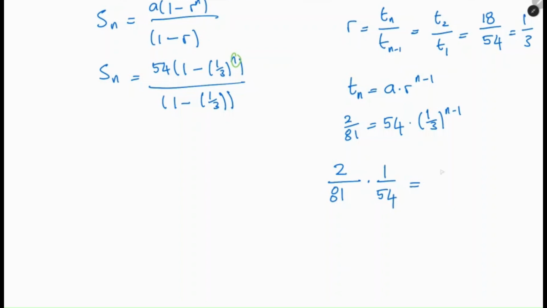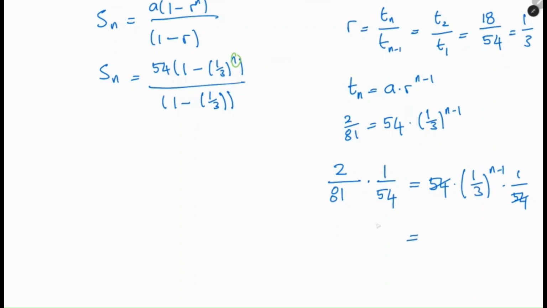And on the right hand side, I'm multiplying also by 1 over 54. This is all one term on this side here, so this factor of 54 will cancel out.